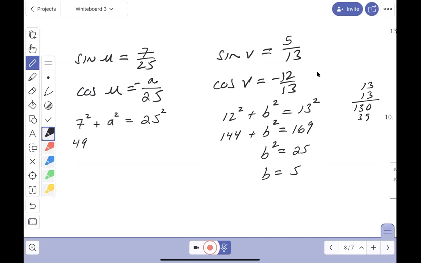All right, let's do the other one. 49 plus A squared. Well, let's do 25 squared now. 25 times 25. Well, I'm going to do 20 times 25, which is 500, and then 5 times 25, which is 125. And you get 625. That's an awful looking number, isn't it? I got to subtract 49 from that.